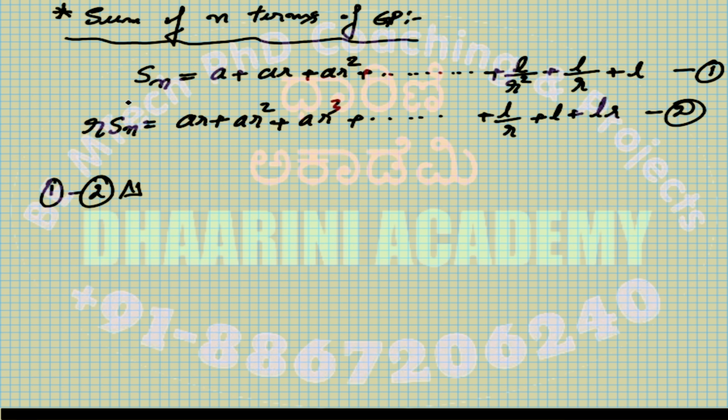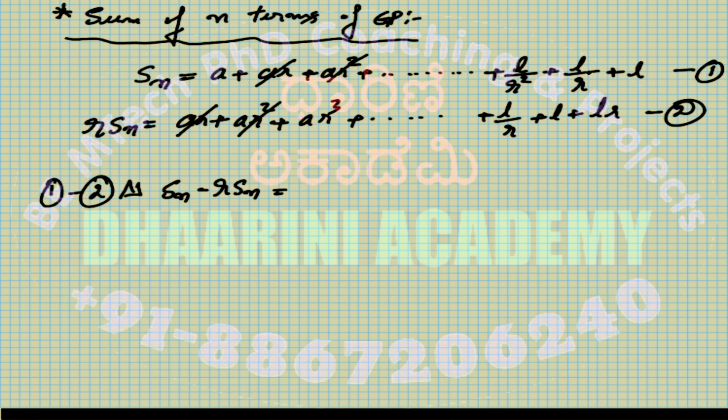Now, I try to perform equation number 1 minus equation number 2. So equation 1 minus equation 2 means the Sn minus R into Sn, that's on the left hand side. This is equal to, I can see that when I subtract the second one from the first one, this cancels with this. This cancels with this.